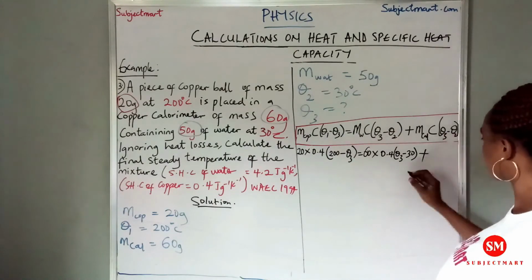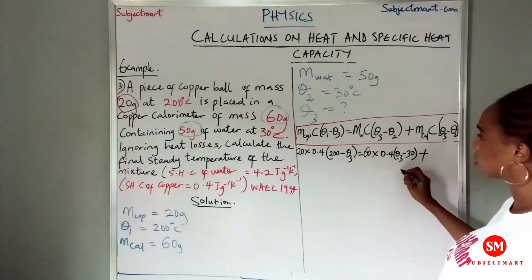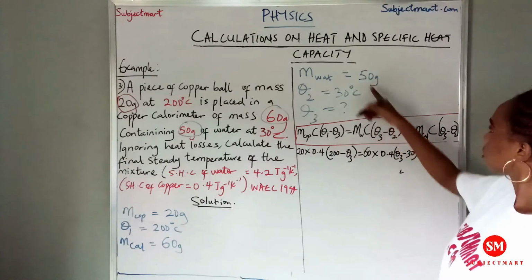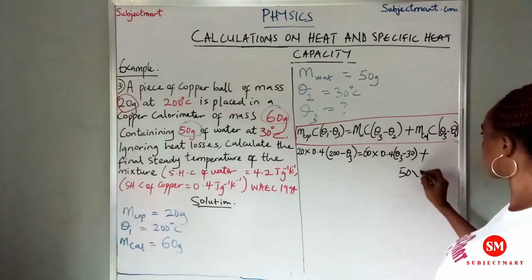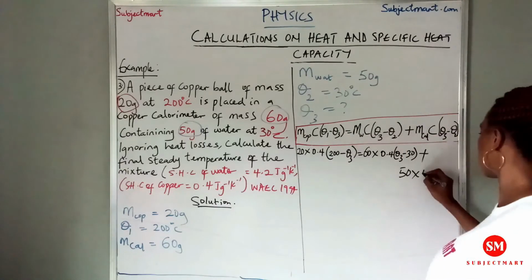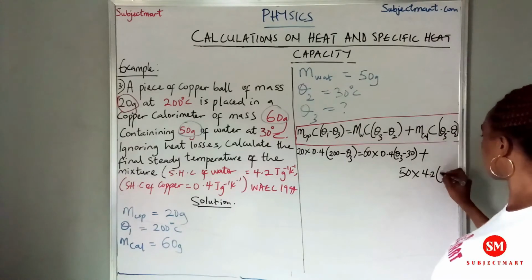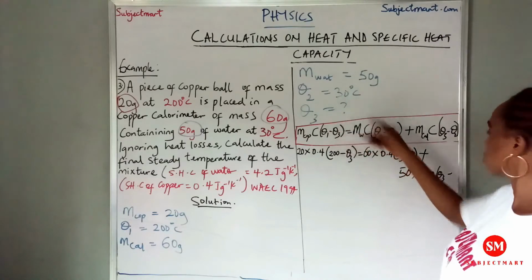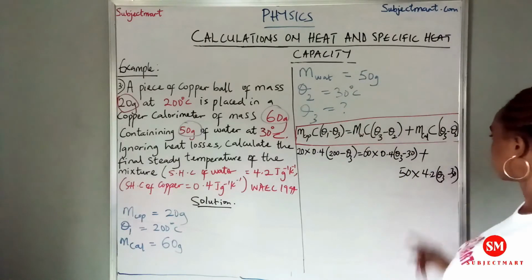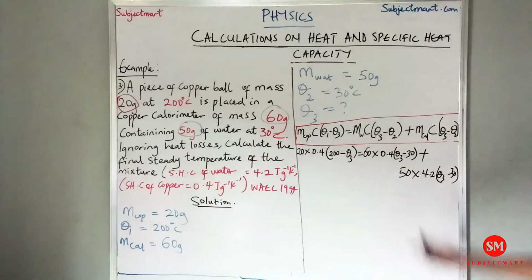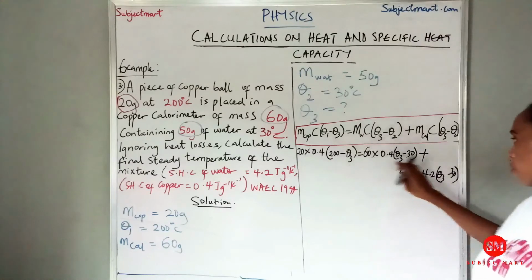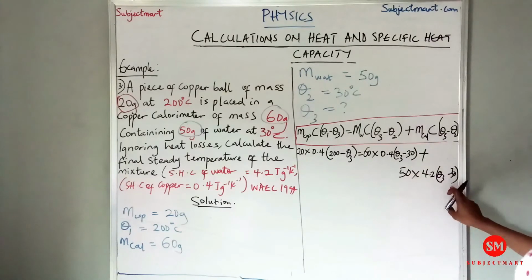So I have plus mass of water is 50 grams times specific heat capacity, that's 4.2, times theta 3 minus theta 2, which is 30. So this is for copper, this is for calorimeter, and this is for water.